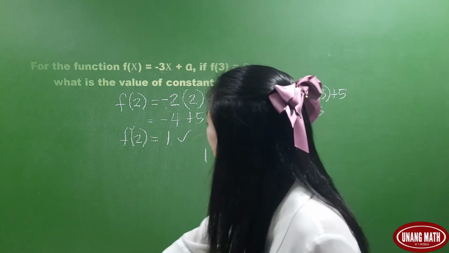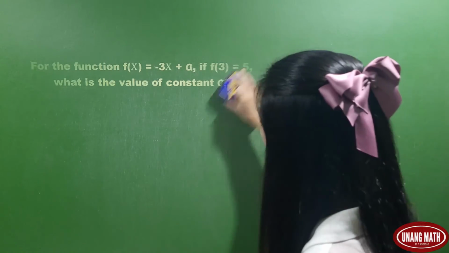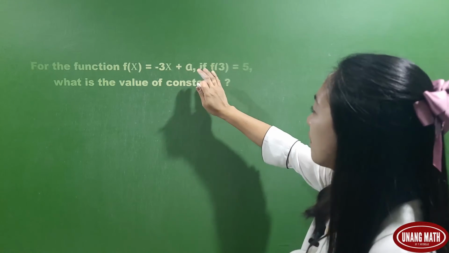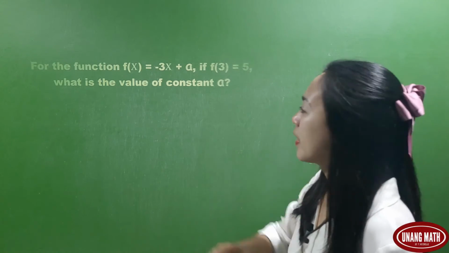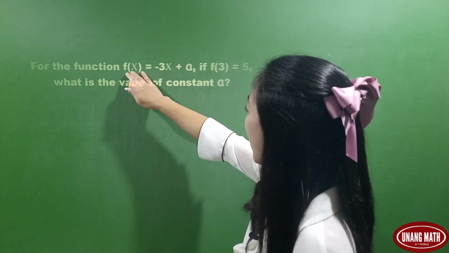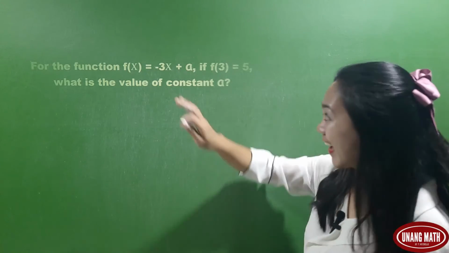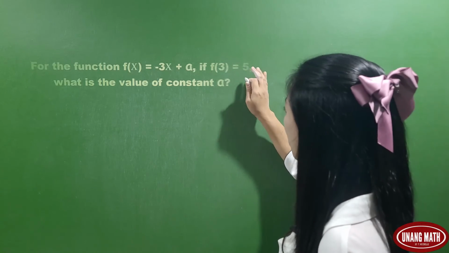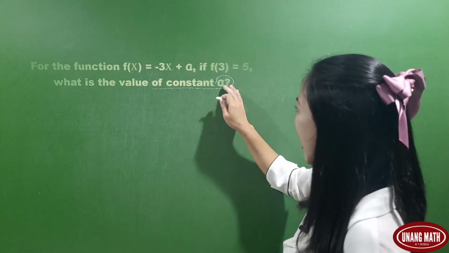Okay, and for our last problem, let's also answer this one. For the function f of x is equal to negative 3x plus a, and if f of 3 is equal to 5, then what is the value of constant a? So, f of x is equal to negative 3x plus a, and if f of 3 is equal to 5, then we will find the value of constant a.